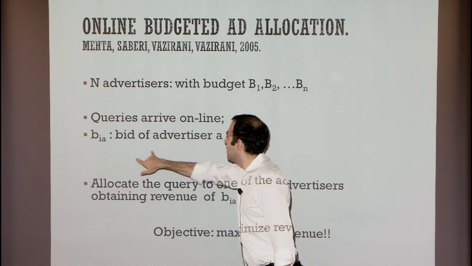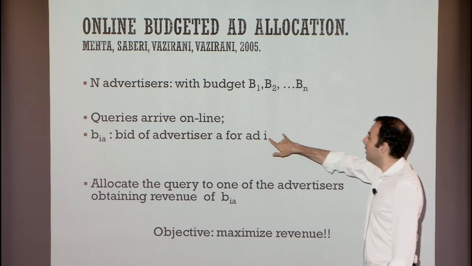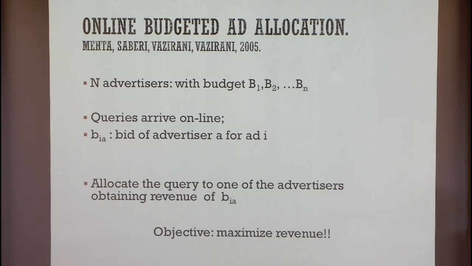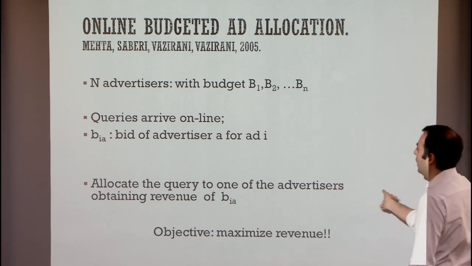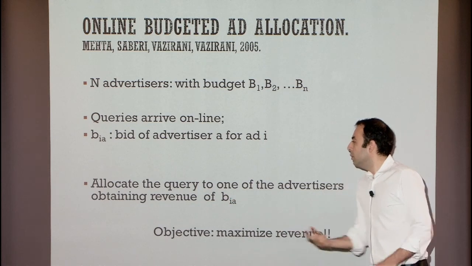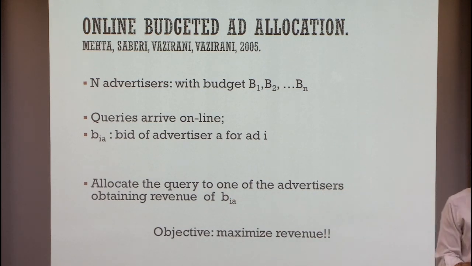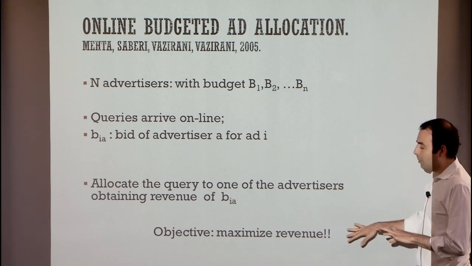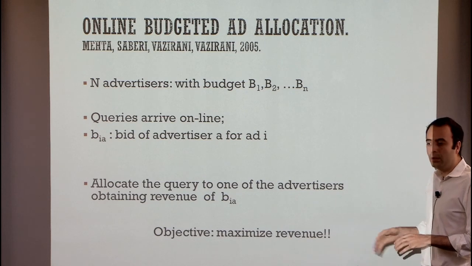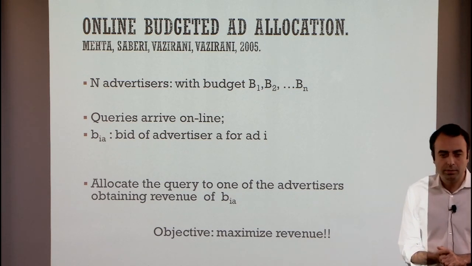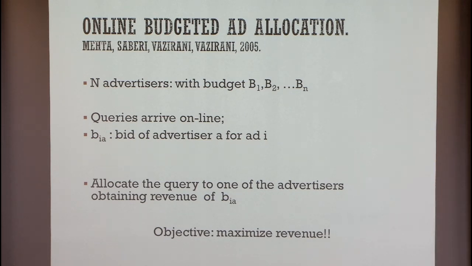So b_ia is the bid of advertiser a for ad i. You want to allocate the query, the ad opportunity, to one of the advertisers. And here we assume that once you allocate, your revenue is going to be b_ia, the bid of the advertiser for the ad. And right now, as a simple starting point, the objective is to maximize revenue.